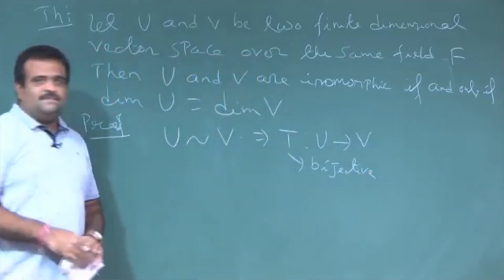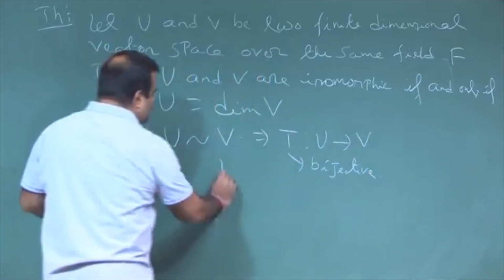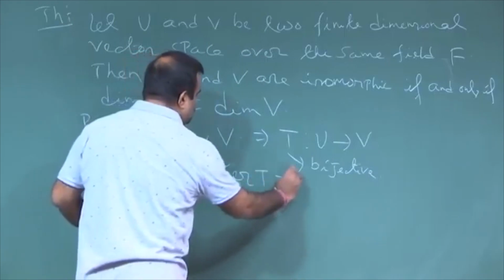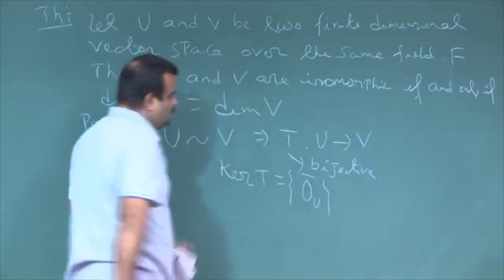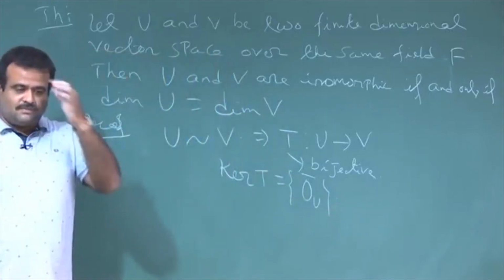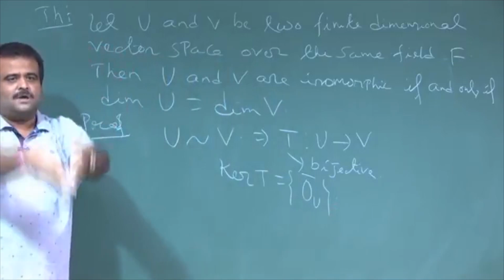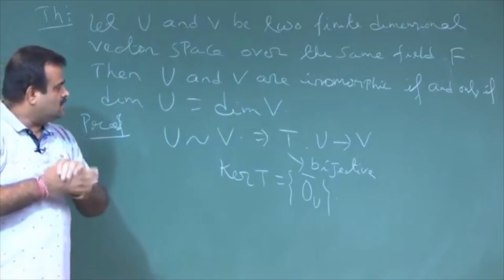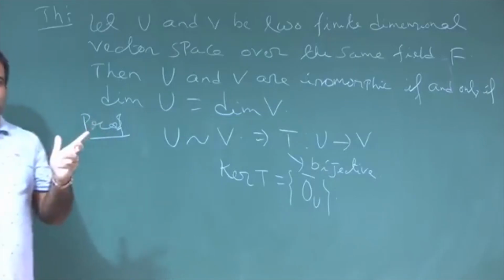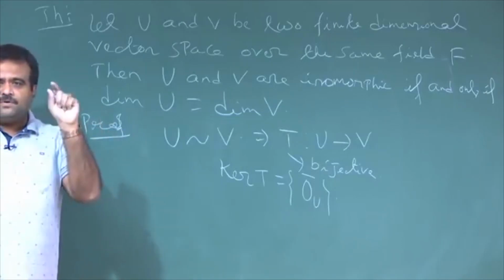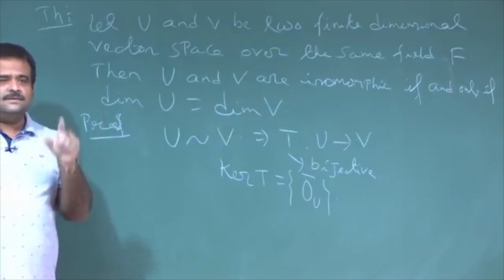Okay, since T is bijective, the kernel of T is basically only the 0 vector of U. Kernel of T means the set of all vectors which are mapped to the 0 vector. Since T is bijective, T is one-to-one, and we have seen in the previous class that for a one-to-one mapping the kernel is 0.